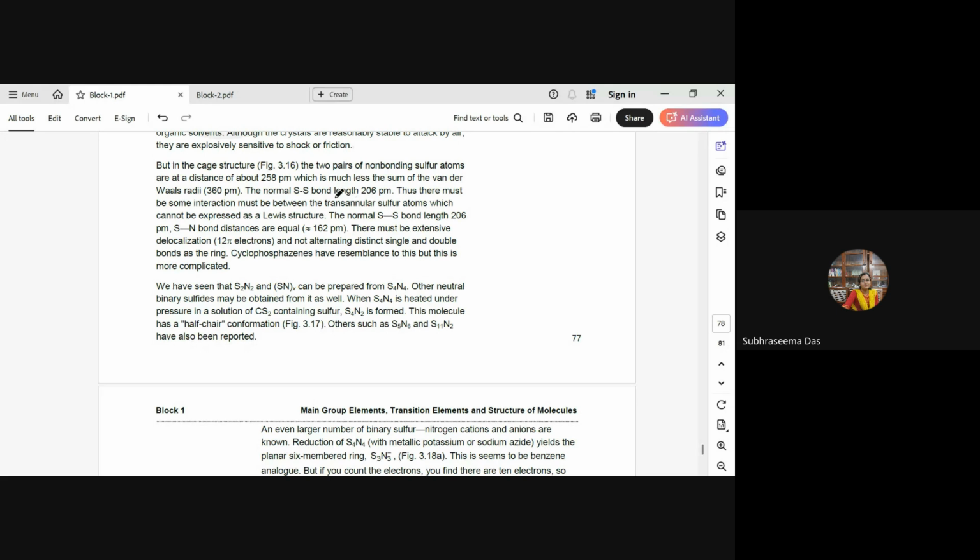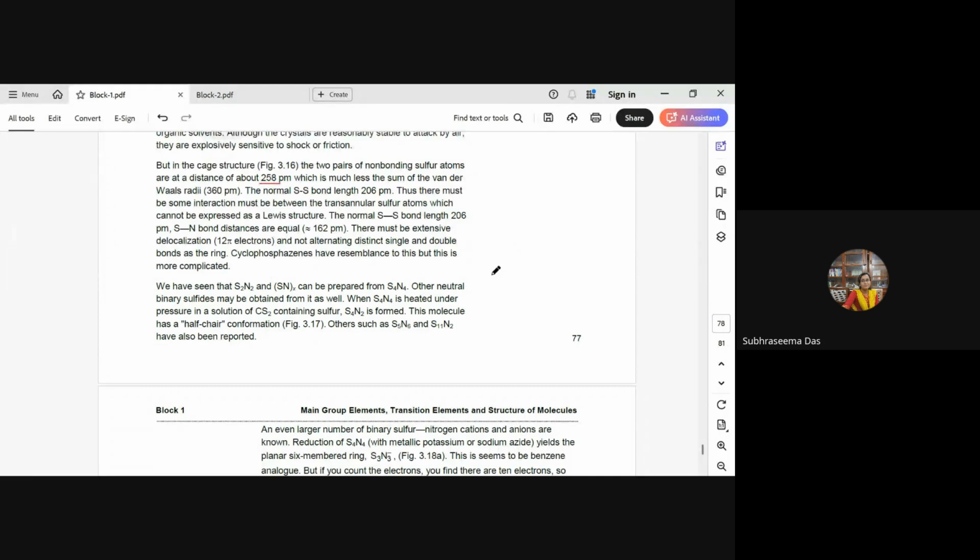Normally the sulfur-sulfur bond length is 206 pm, so there must be some interactions which increase this value up to 258 picometers. So there must be some extensive delocalization.